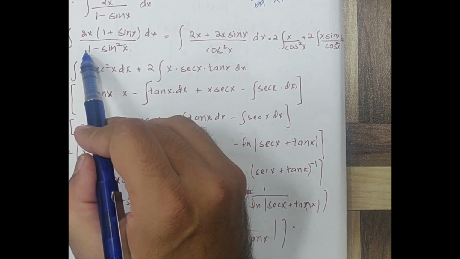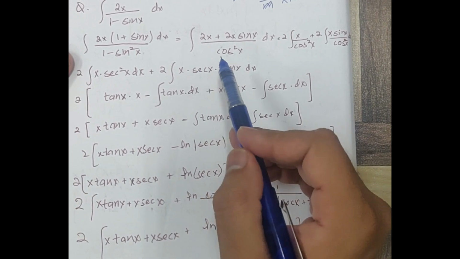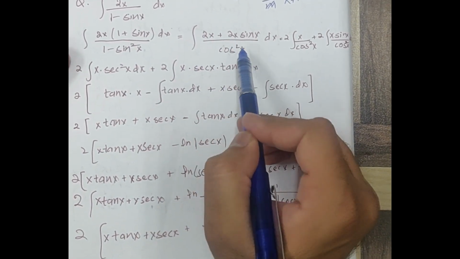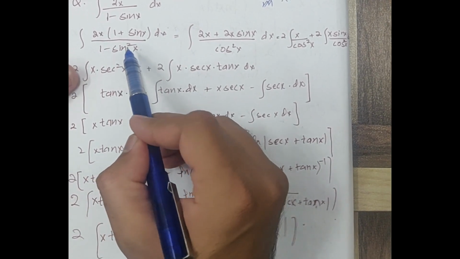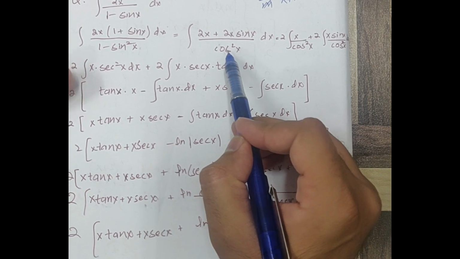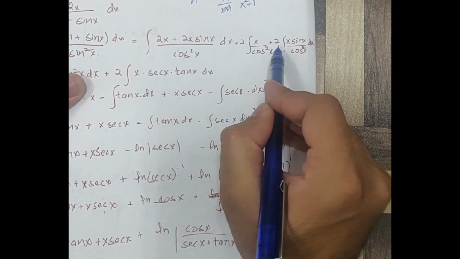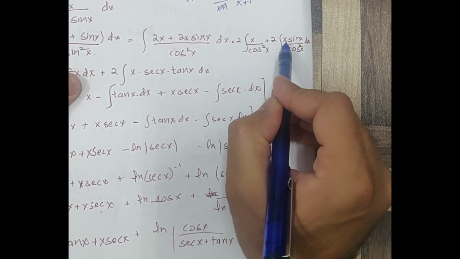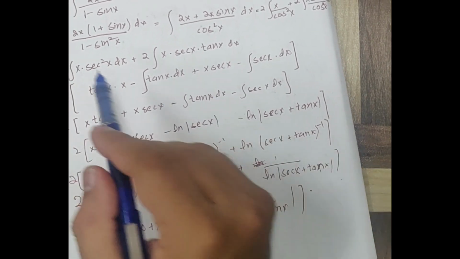In the denominator, it leaves us with 1 minus sin squared x, and in the numerator, 2x plus 2x sin x dx. So this 1 minus sin squared x will become cos squared x, and here I have separated the terms: 2x over cos squared x plus 2x sin x over cos squared x dx.